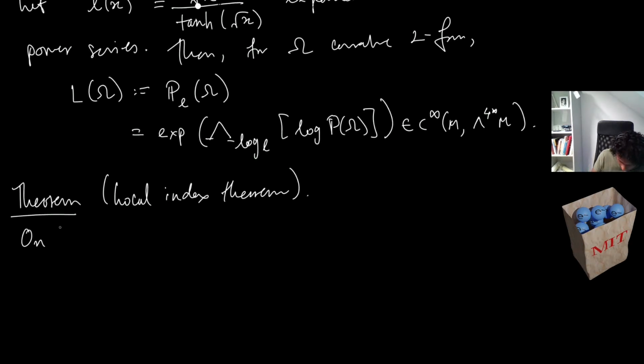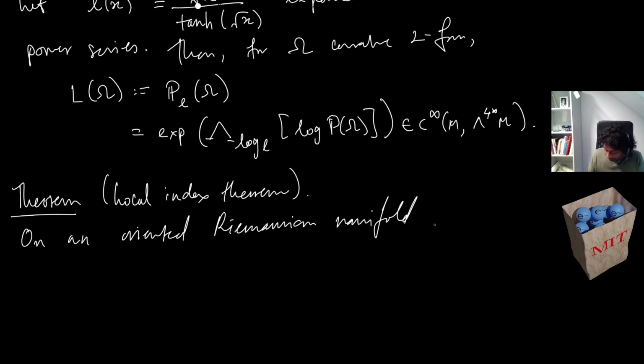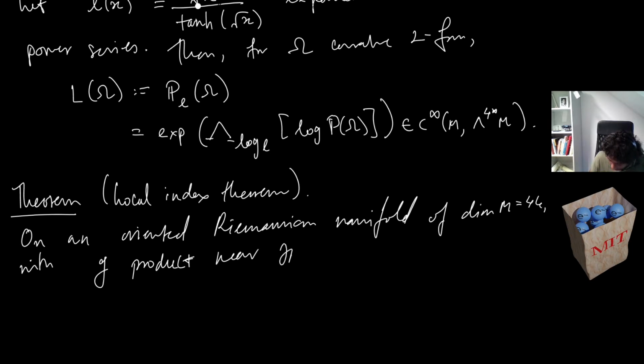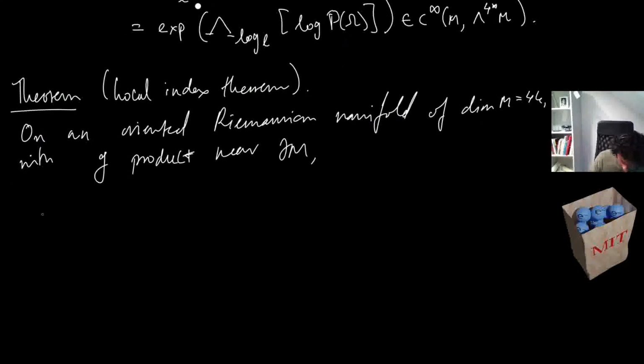So on a Riemannian manifold, on an oriented manifold of dimension m equals 4k with product metric near the boundary, the index of the signature operator with now the APS boundary conditions, right?